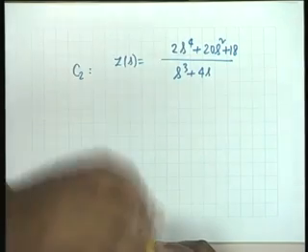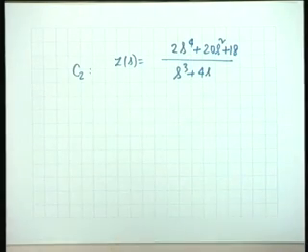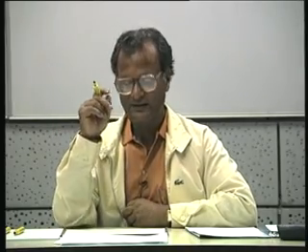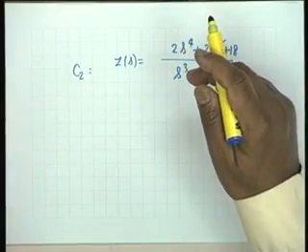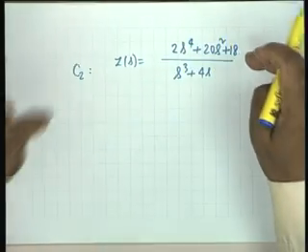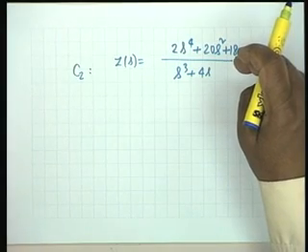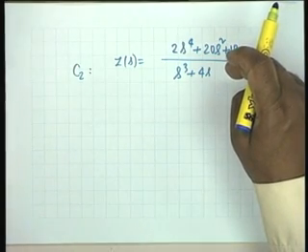Cauer 2 focuses attention on the origin, and therefore what we do is we remove terms like k0 by s. In other words, our focus now shall be on the lowest powers, not on the highest powers.